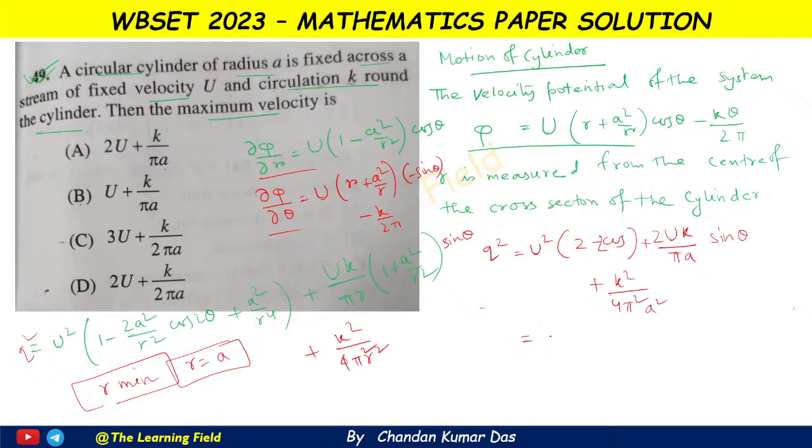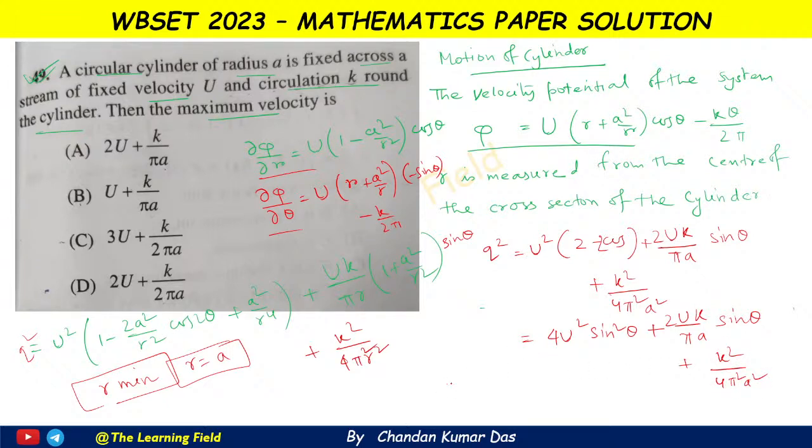This is equal to what? We get 4u square sin square theta plus 2 capital UK by pi into a into sin theta plus k square by 4 pi square a square.